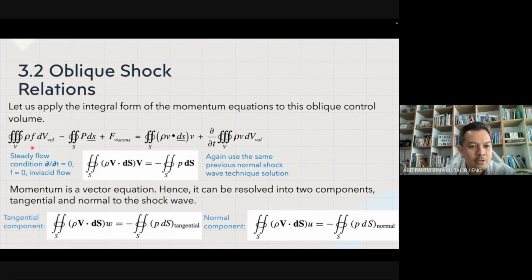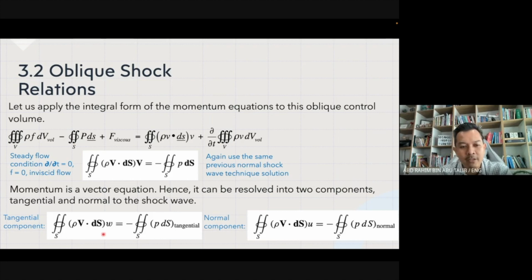All right, let us now apply the integral form of the momentum equation to the oblique control volume. We have the expression for the momentum equation, where we know it is a steady flow condition. Again, we use the same previous normal shock wave technique, where we know momentum is a vector equation. Hence, we can resolve it into two components: one tangential to the shock wave, and the other normal to the shock wave.